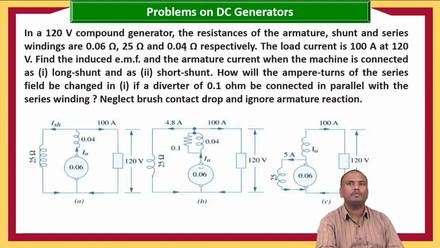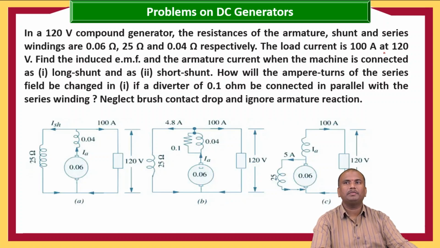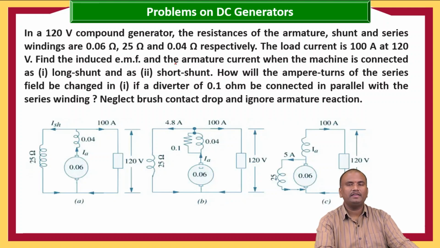Now in a 120 volts compound generator, the resistances of armature, shunt and series windings are 0.06 ohms, 25 ohms and 0.04 ohms respectively. The load current is 100 amperes at 120 volts. Find the induced EMF and the armature current when the machine is connected as long shunt and as short shunt.